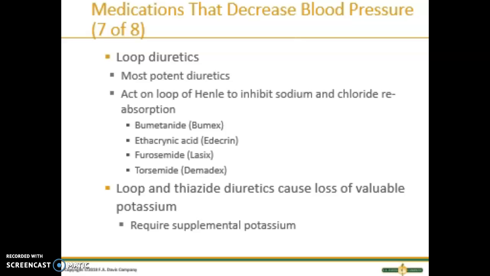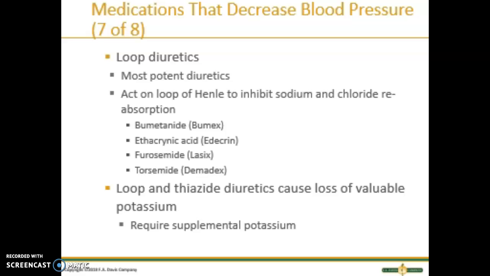Loop diuretics are the most potent form of diuretics. They act at the ascending limb of the loop of Henle in the kidney, and are primarily used in medication to treat hypertension and edema, often due to congestive heart failure or chronic kidney disease.